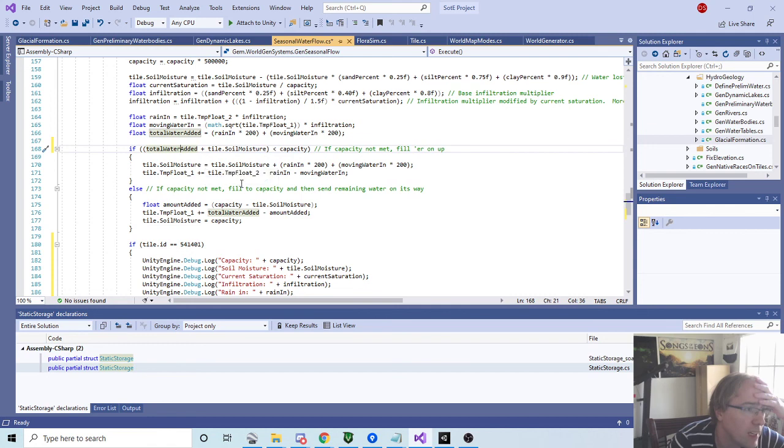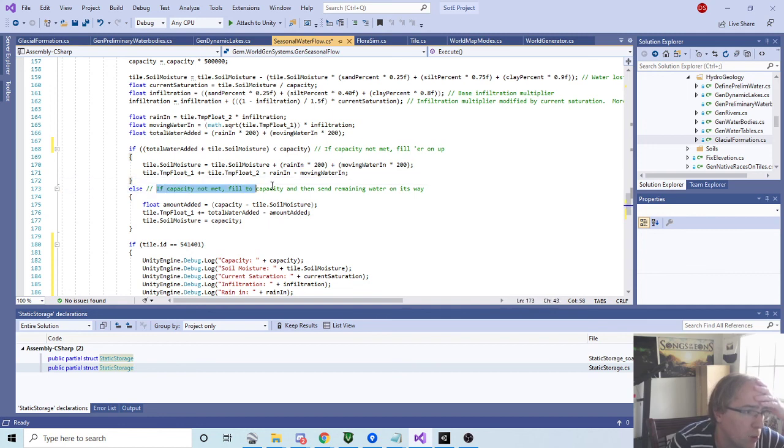So if total water added plus the current soil moisture is less than the total capacity of the soil, then we recalculate soil moisture, which is equal to the current soil moisture plus the rain that goes in, the moving water that goes in, and then we add the rainfall minus rain in minus moving water in. That seems legit.